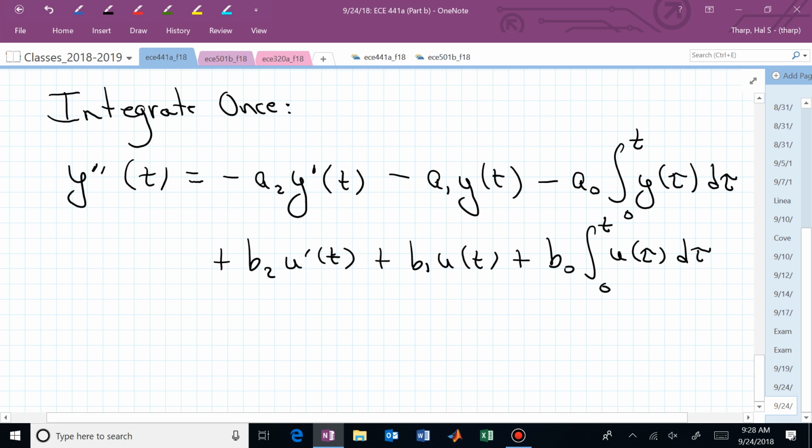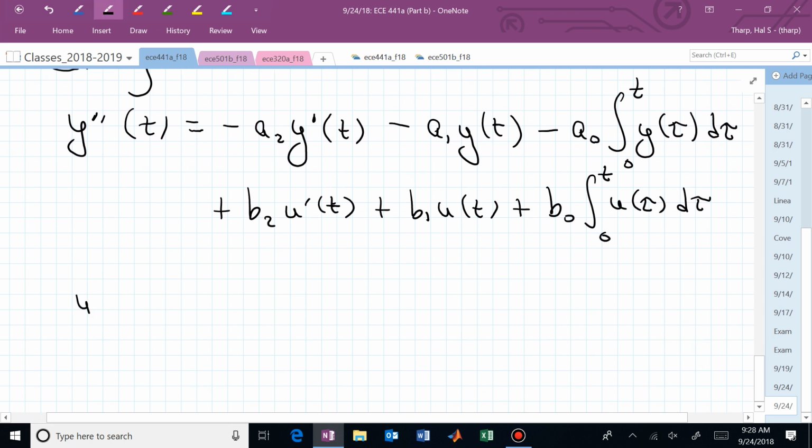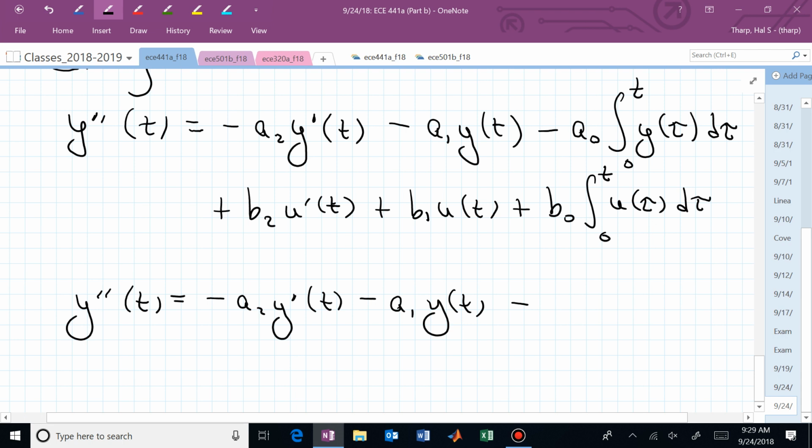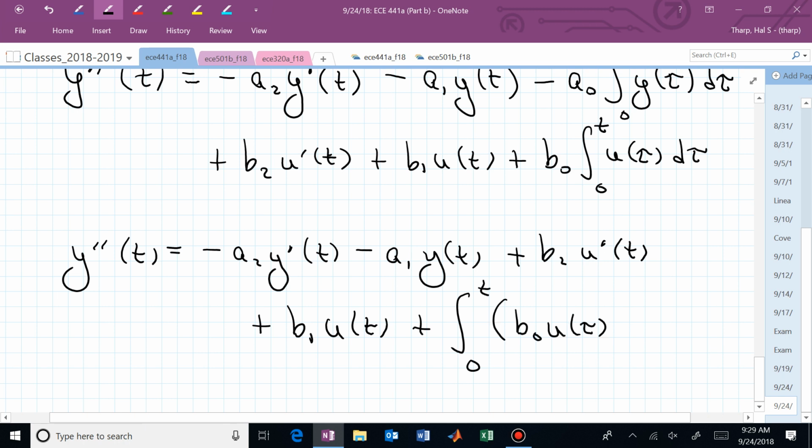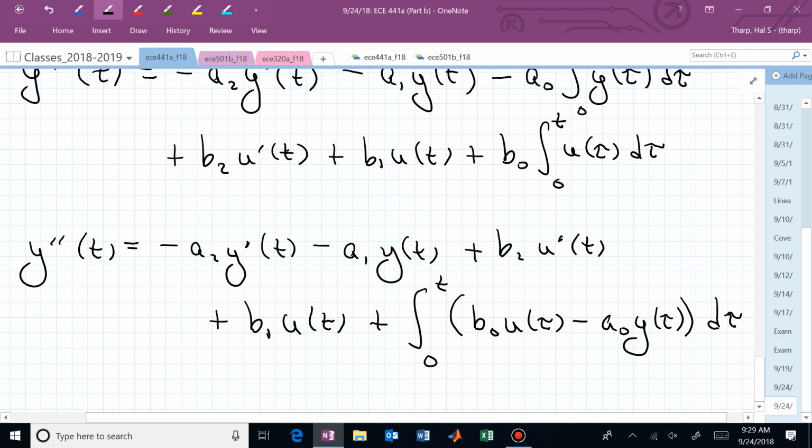I can now combine the y and the u underneath one integral, so I can rewrite this as y double prime of t is equal to minus a sub 2 y prime minus a1 y plus b sub 2 u prime plus b1 u plus the integral from 0 to t of b sub 0 u minus a sub 0 y d tau.